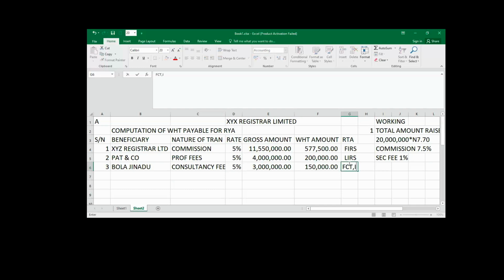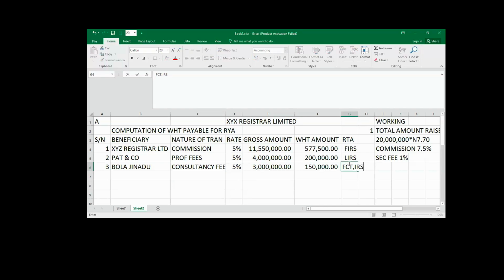It is called FCT IRS, not FIRS. Do you get that? It is called FCT IRS. Please take note of that. So that will be the tax authority.